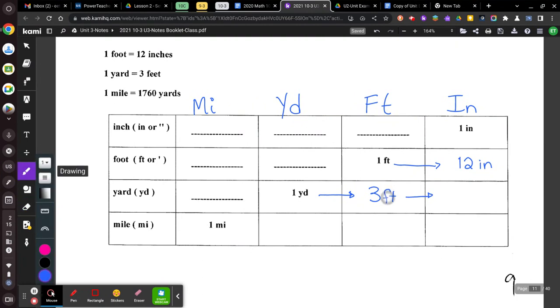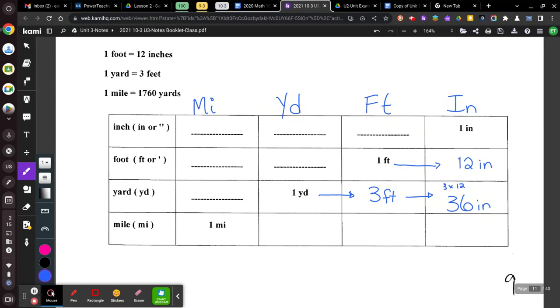So 3 feet, what's 3 times 12? We're going to go 3 times 12 to get 36 inches. So we're taking this number times this number, and those two make this number. So 12 times our 3 makes our 36 inches.